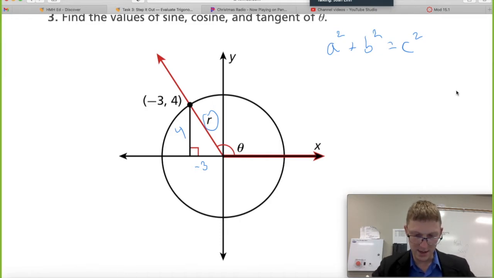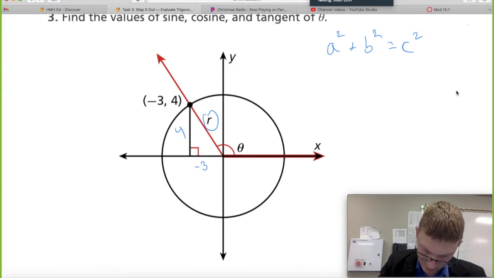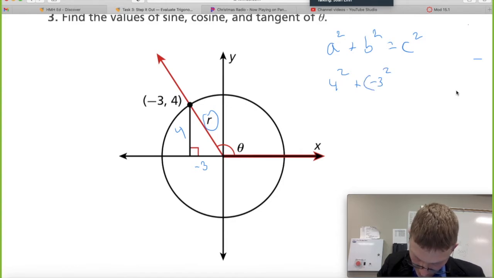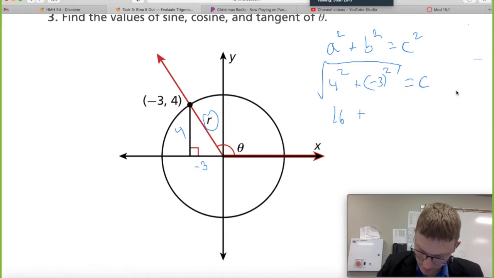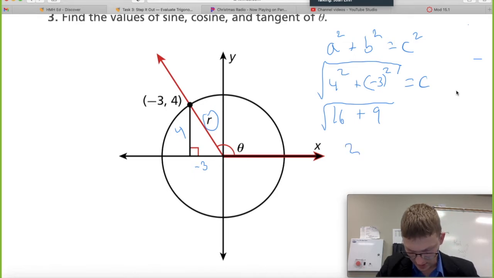So we can say the square root of a squared plus b squared equals c. C is r in this case. So r is equal to the square root of 4 squared plus -3 squared, the negative goes away. So 4 times 4 is 16 plus 9. So what is that? 27.